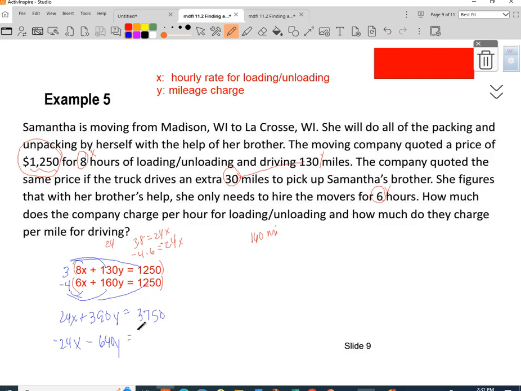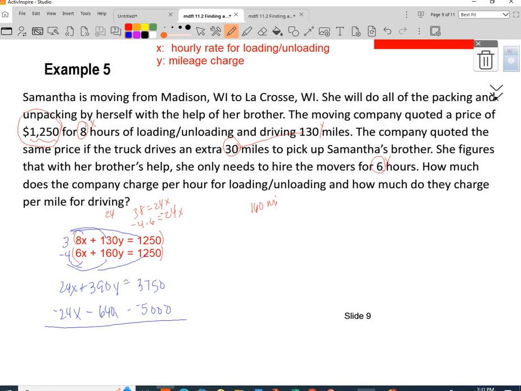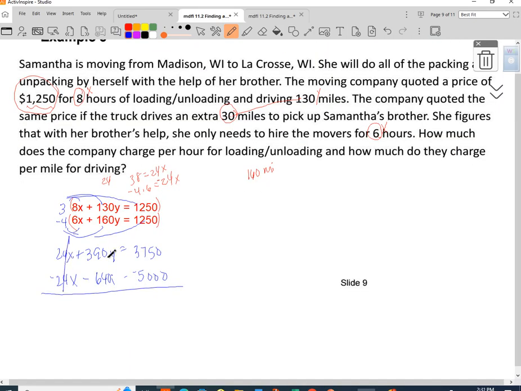But not 5,000, it's negative 5,000. That will trip you up if you forget your negatives there. Alright, so now when I add them together, my x's are eliminated. And so now I'm looking to see 390 minus 640, or plus negative 640.